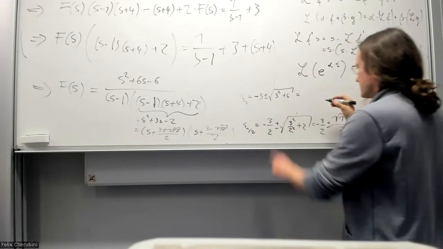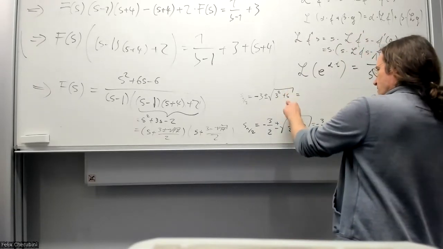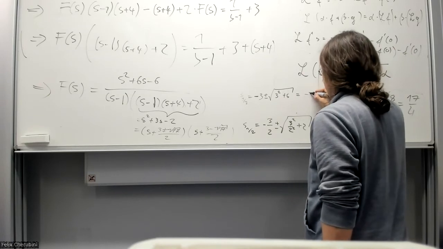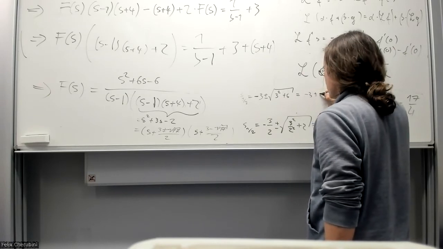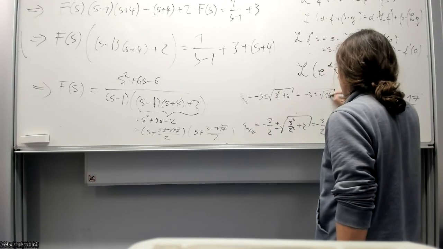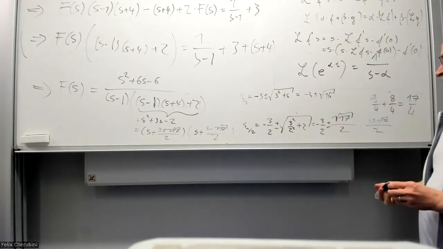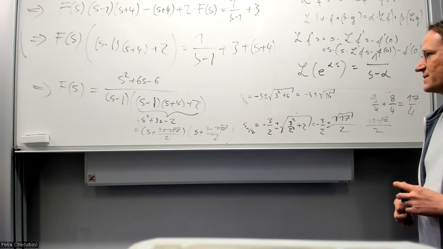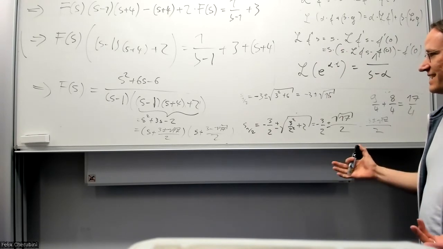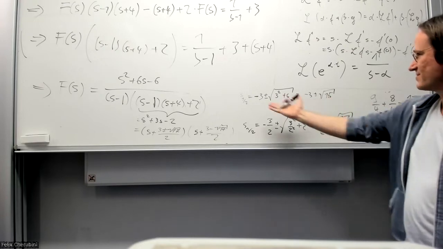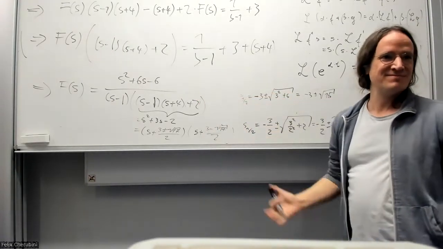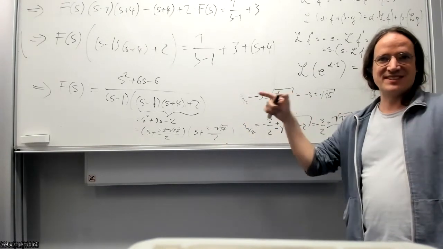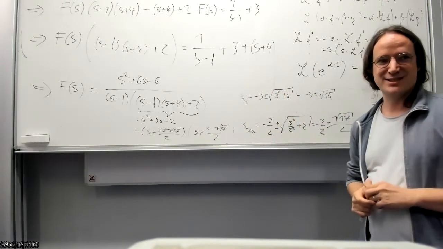So that's 9, 15. So it's -3 plus minus square root 15. Okay, no, we just can't make it any simpler. So we have to do the ABC thing and split it up.